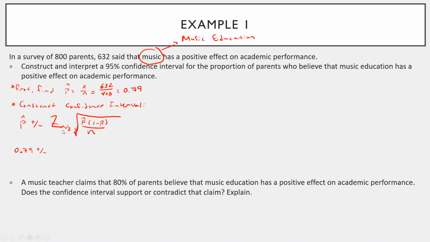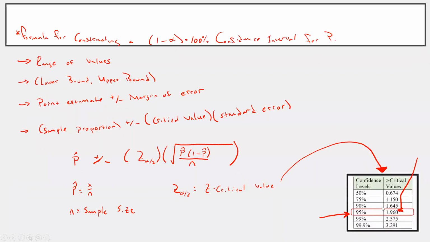This critical value right here, you've got to go look back at this 95% confidence interval chart, and you're going to say, okay, 95% confident, the critical value is 1.960.